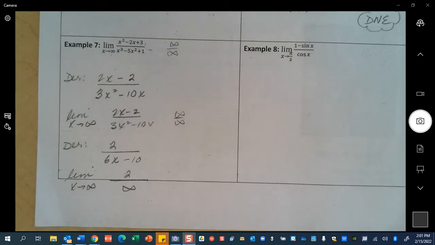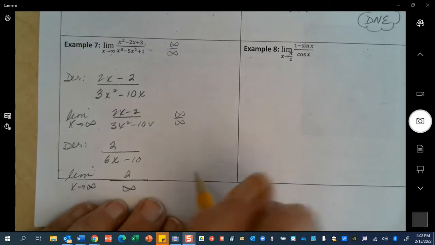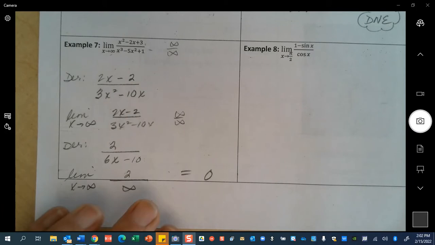Here's where I finally end up by taking the derivative again and again. I get a constant here. So I have a constant over infinity, and what happens as my denominator approaches infinity? What happens to my number? Yeah, that goes to 0. So we end up having 0.